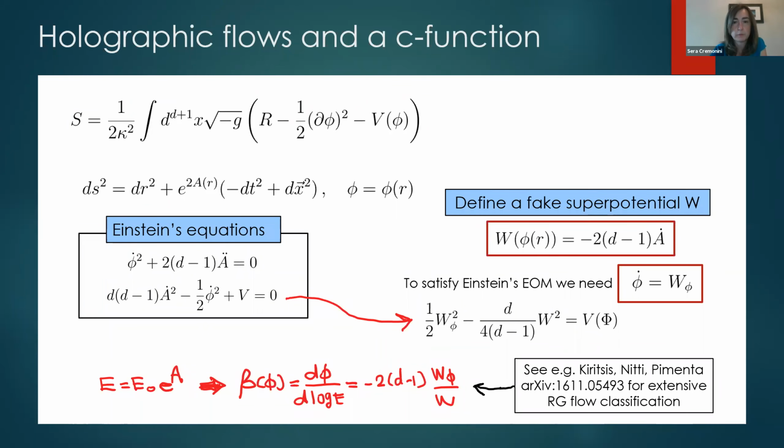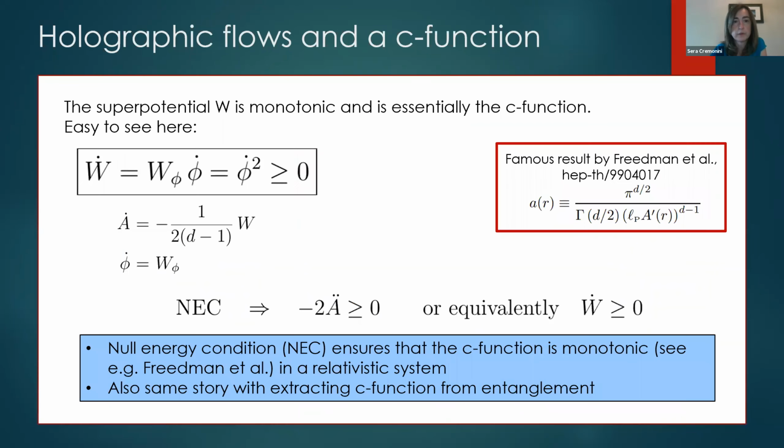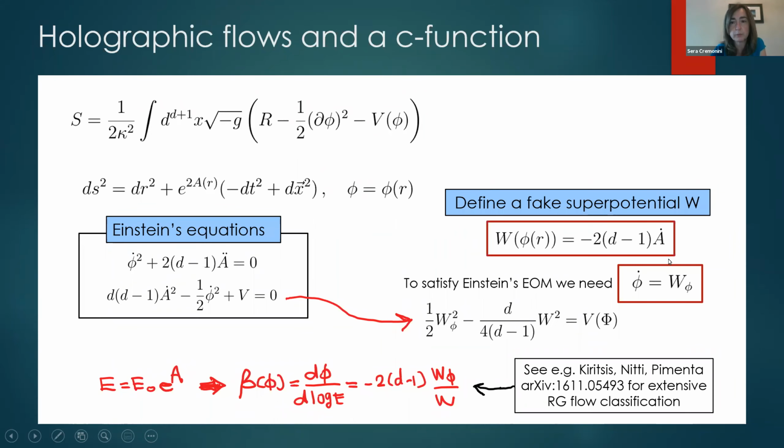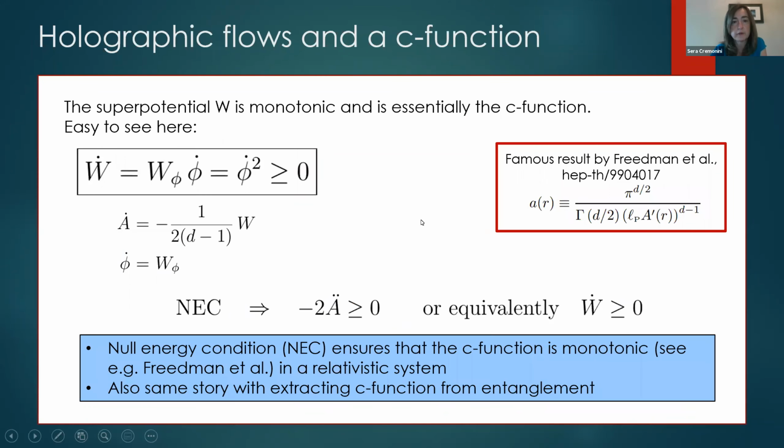Okay, so that's a simple review, but I want to focus on the monotonic properties of this W. It's easy to see once you define the superpotential in this manner that it flows monotonically under radial flow. And that follows simply from the fact that the radial derivative of W is basically the kinetic energy of the scalar. So this is a very simple step.